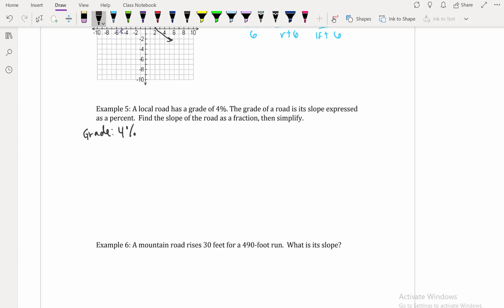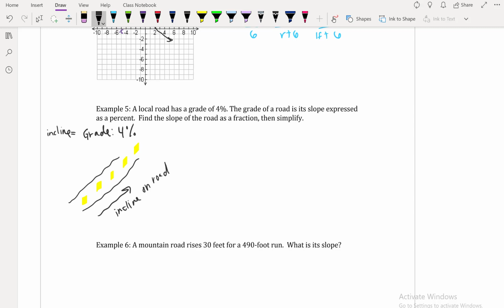So maybe if you're driving near a mountain, those are my mountains. Maybe we'll just stick to the road. If you are on the road and you have an incline, that incline has to be measured. So that incline we're going to call the grade.